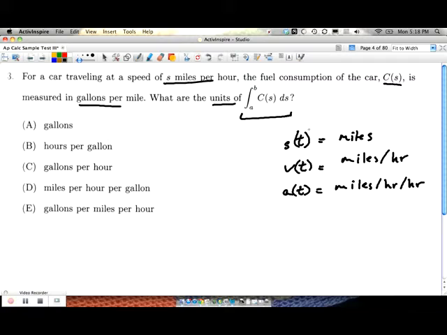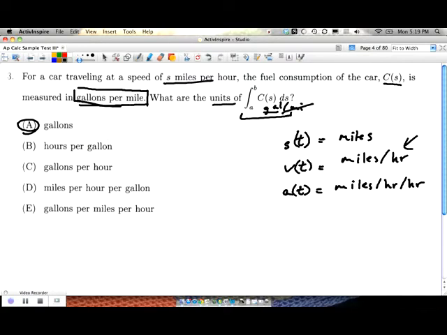So that unit of time, that denominator, reduces in power. So when we see this, C(s) is in gallons per mile. So this right here, this is in gallons per mile. So we're going to lose this mile, and we're just going to have gallons. That means our answer would be A.